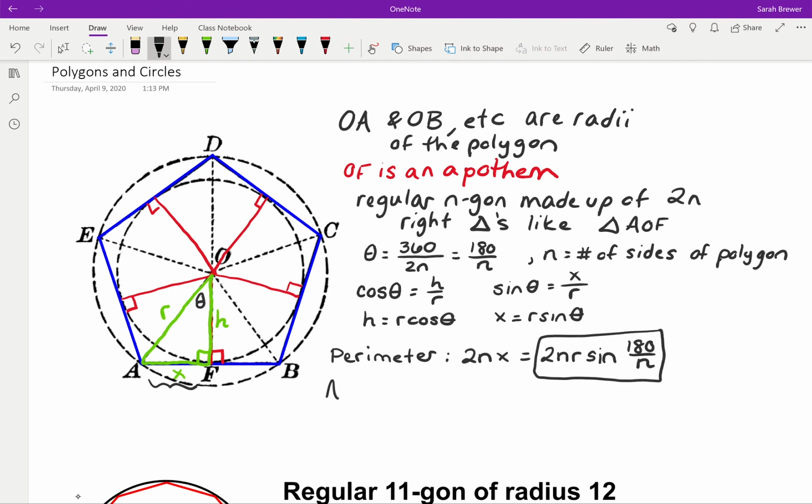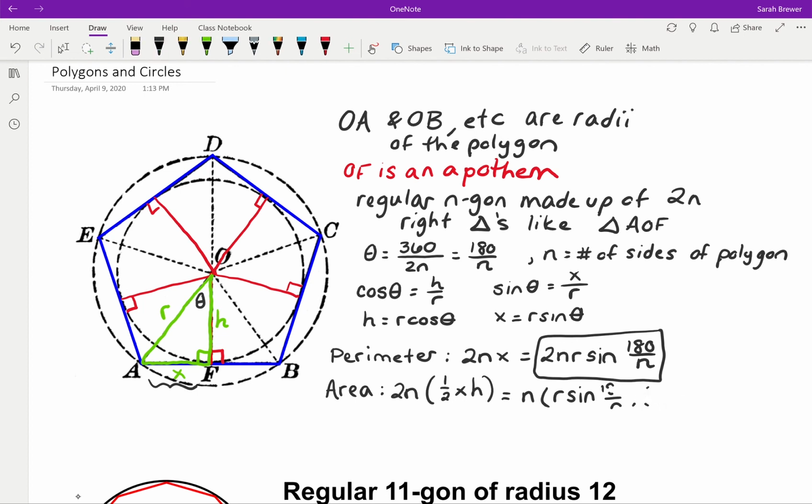To get our area, again, I'm going to have 2n of these triangles. And how do we get the area of a triangle? Well, we're going to take half the base times the height, right? So I've got 2n. Actually, I can go ahead and cancel the 2 and the half. So I've got n times x, which is r sine theta, times h, which is r cosine theta.